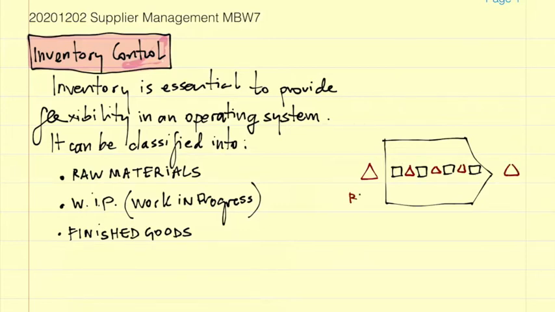So this is raw material, this is work in progress, and this is finished goods. Okay, so far nothing new. You should know this perfectly.